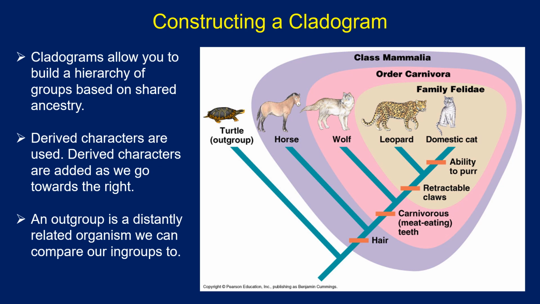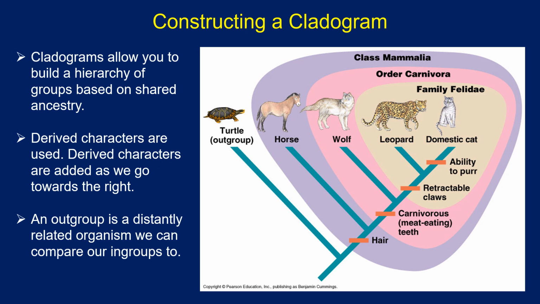So going through this from the bottom, we can see that between our branch that leads to turtles and the horse, we have the appearance of hair. And that little red line is going to be used to show the origin of this particular trait, which is hair.